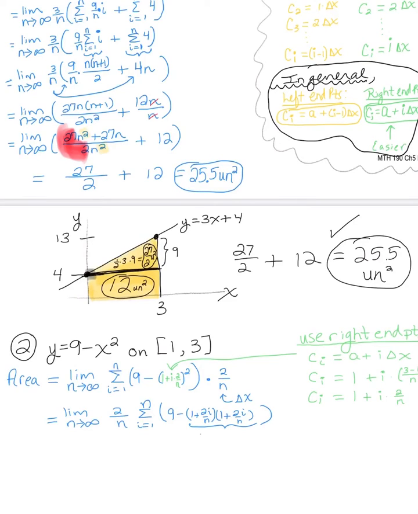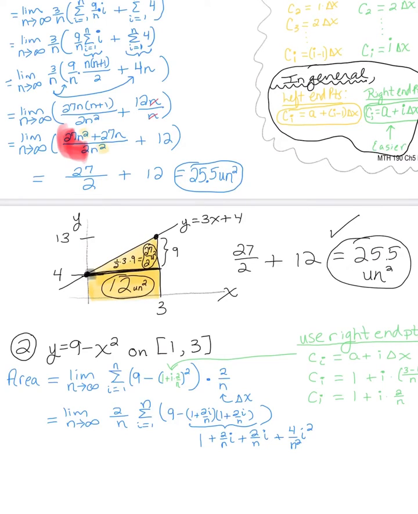We'd have 1, and then 2 over n times 1 plus another 2 over n times 1 would be 4 over n times 1. But I'll go ahead and write them. So we have a 2 over n i plus another 2 over n times i. And then the last term, 2 over n times 2 over n, and i's in both of those, is going to be 4 over n squared times i squared.